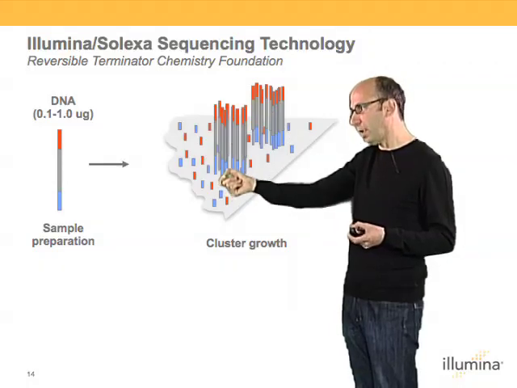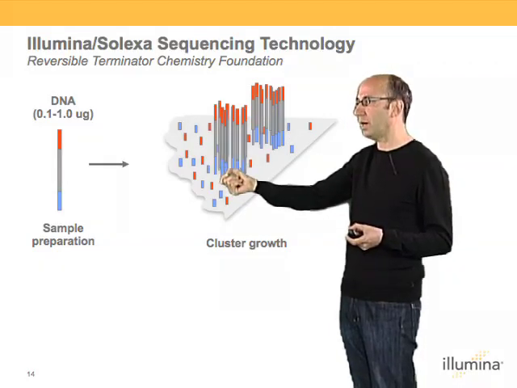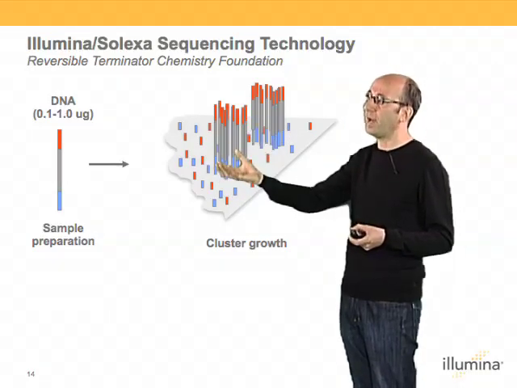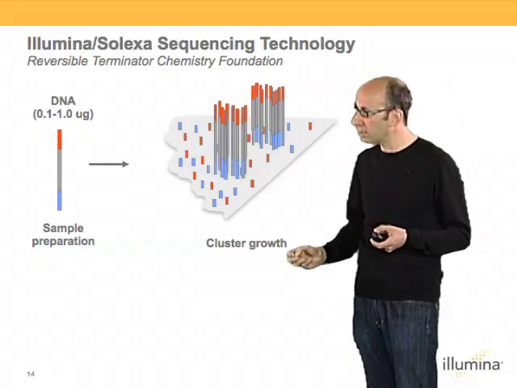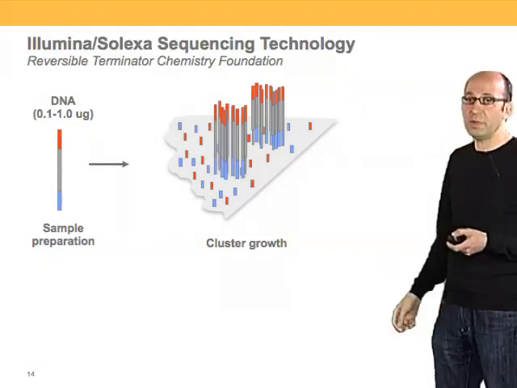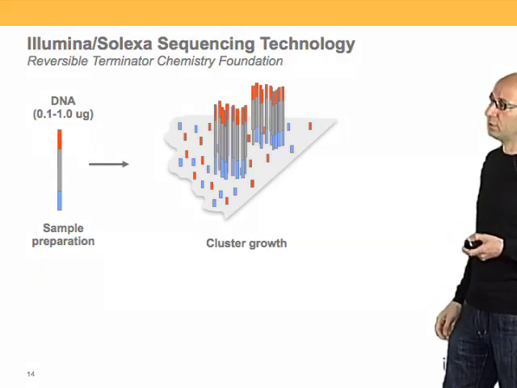So the single DNA molecule with the primers would land at a spot on this slide and then be amplified to hundreds or thousands of copies. These clusters would then be read out using fluorescent nucleotides.